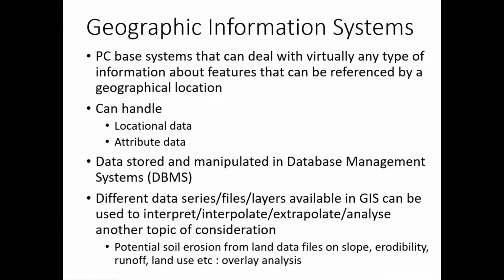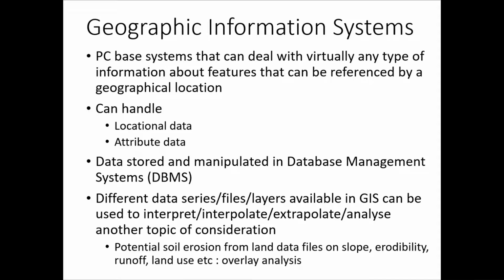You know the exact location of a particular feature, or different features, and you have some information about that feature. That is GIS: the information about any feature which has a particular geographic location associated with it is all classified as geographic information systems, or GIS.